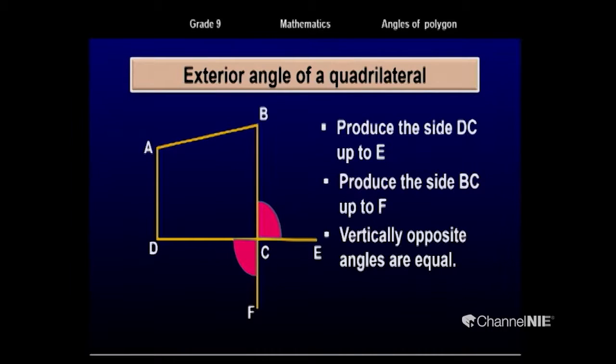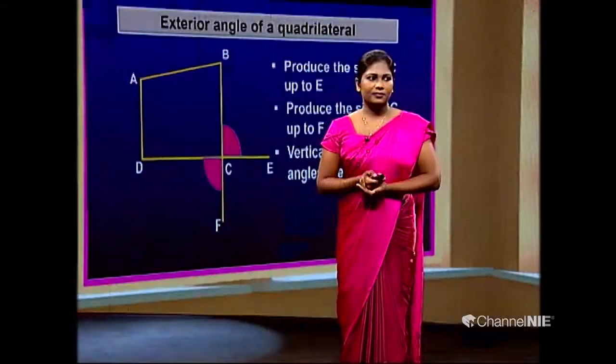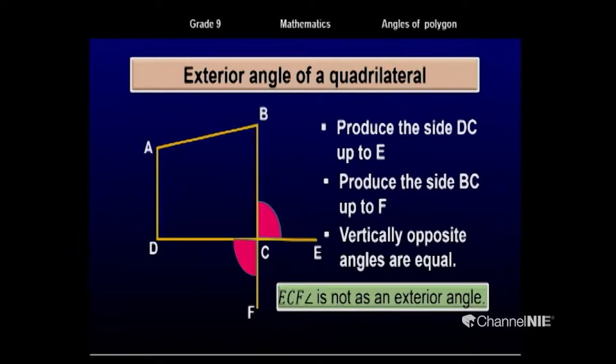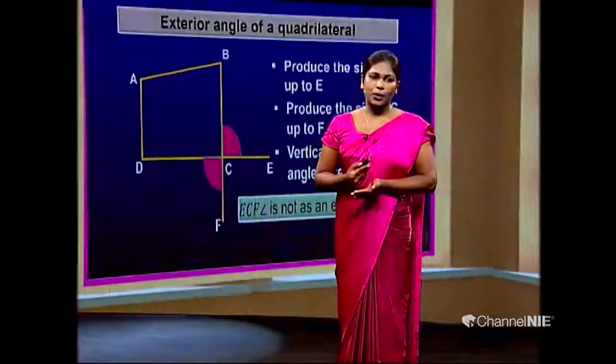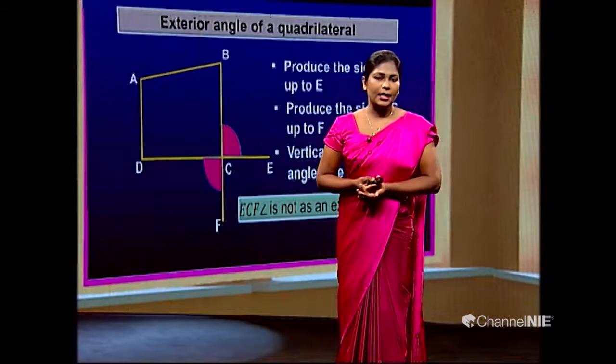Then we have to talk about exterior angles of a polygon. We talked about exterior angles of a triangle and quadrilateral. Here also angle ECF is not an exterior angle because it is an interior angle.